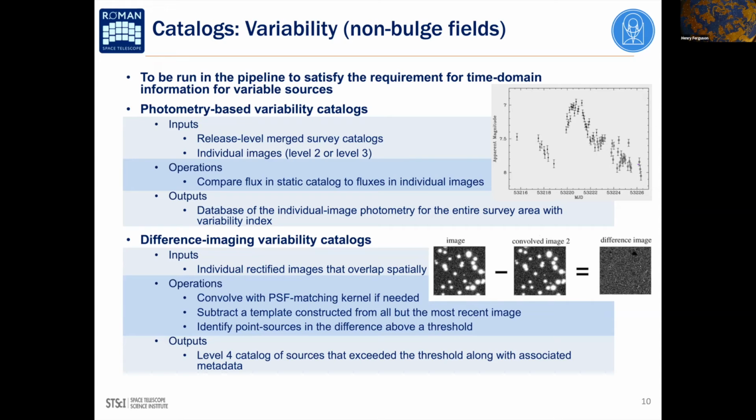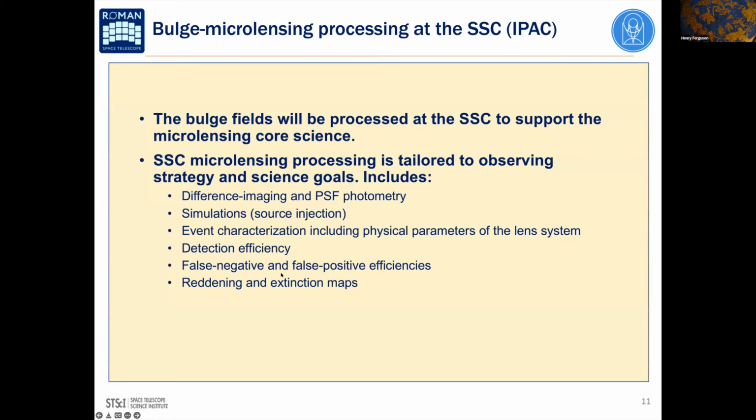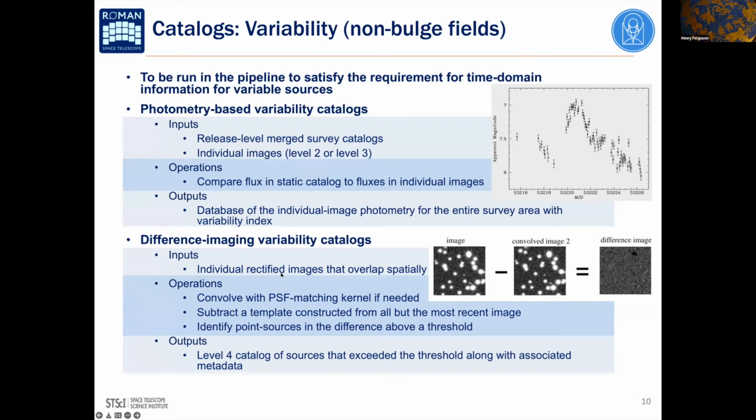I would say it's still TBD whether this is PSF fitting photometry or aperture photometry with a PSF correction. And then there will be difference imaging catalogs that are made with convolution by a PSF matching kernel if needed, and subtracting a template image.